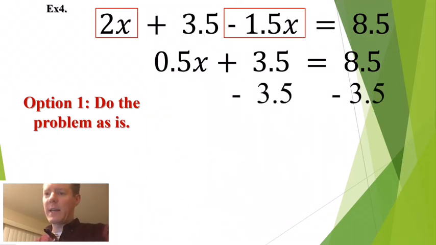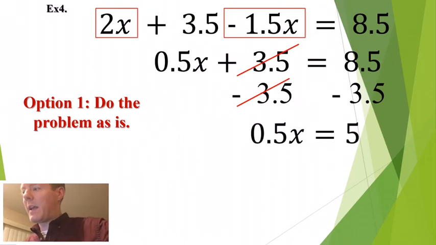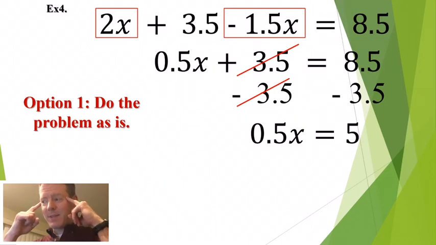Now I'm going to go ahead and get rid of that by subtracting from both sides. 8.5 minus 3.5 is 5. And then I have 0.5x equals 5. Now here comes a little trick. I could just divide by 0.5 right now, but I'm a smarty pants. That's half of x. So if I double it, I'll get a whole x.